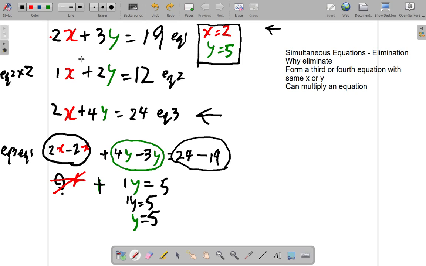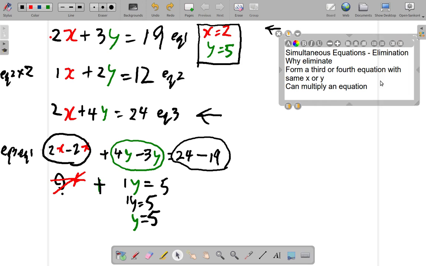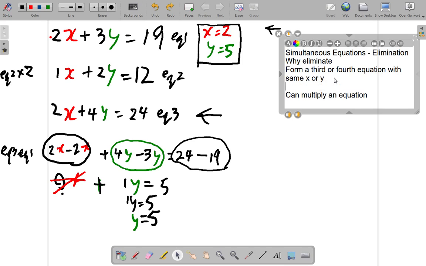In eliminating, we can always form a new equation by adding or subtracting, with the same x or y. We can add or subtract two equations.